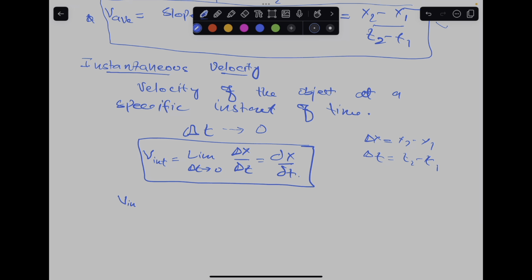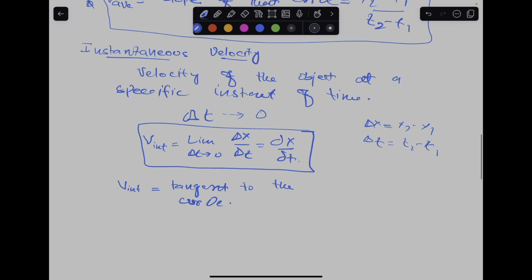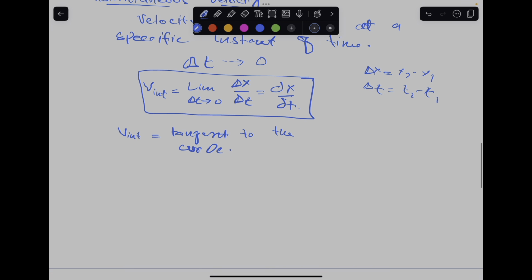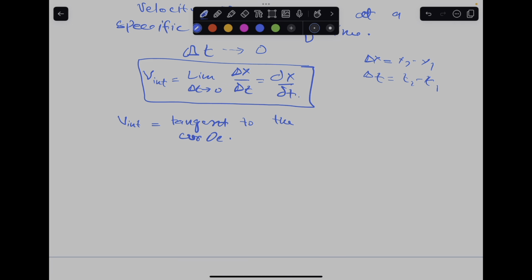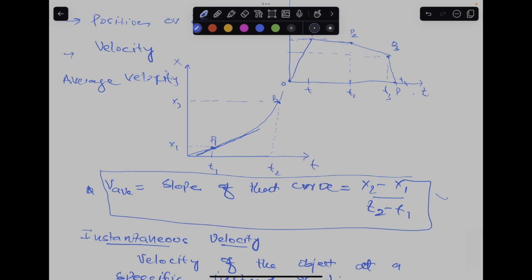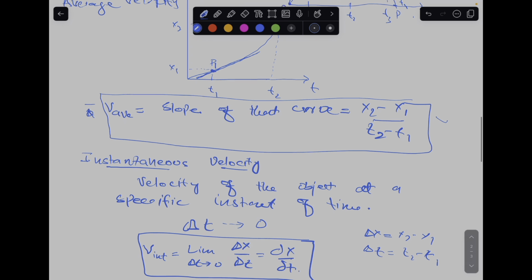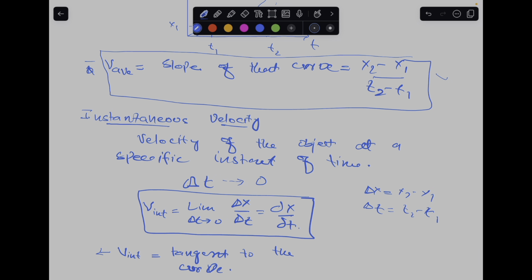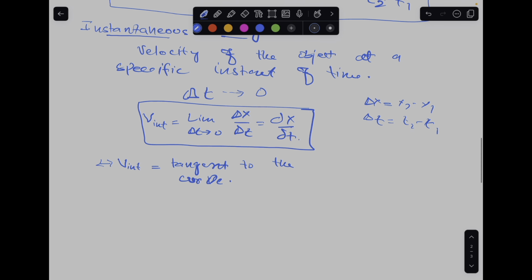So v instantaneous you can get using the tangent to the curve. Okay, so this is one method, where we can get average velocity and instantaneous velocity using the graphical method.